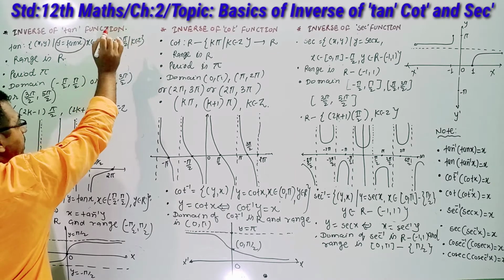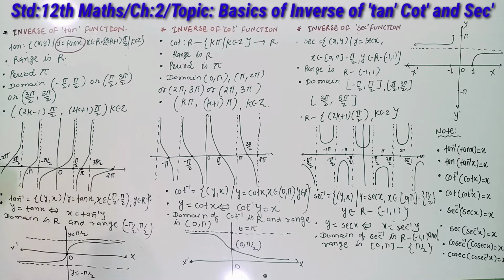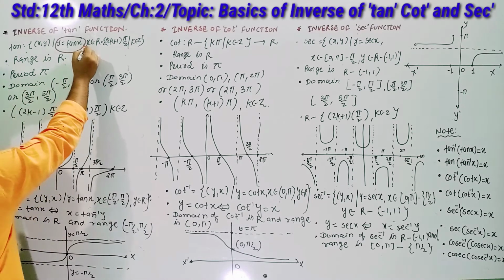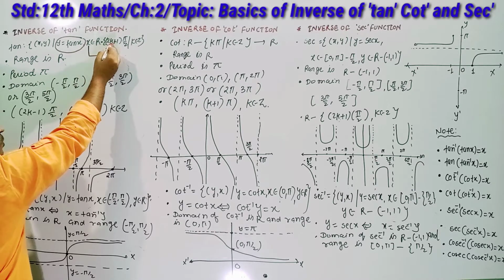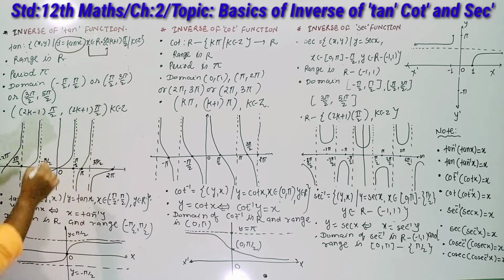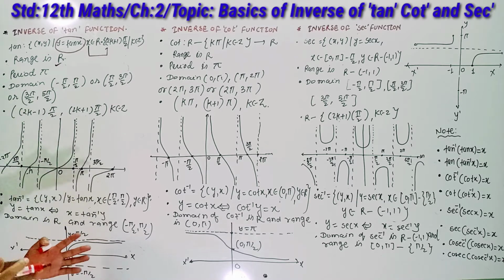The input format means the value of x is of the form (2k plus 1) pi by 2, and its range is R, the real numbers, from minus infinity to positive infinity.